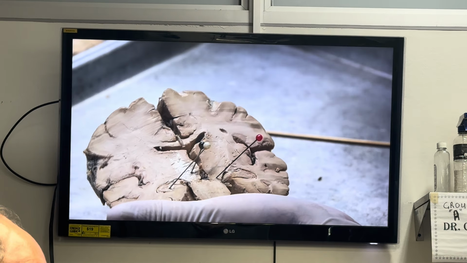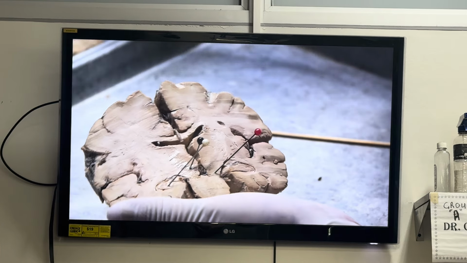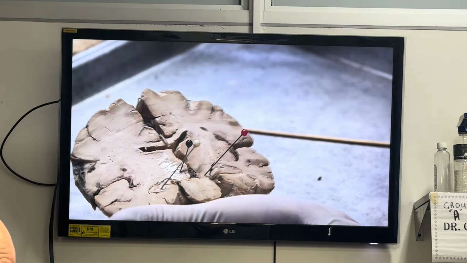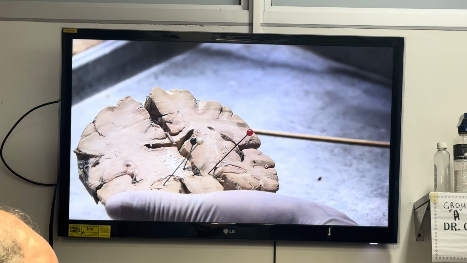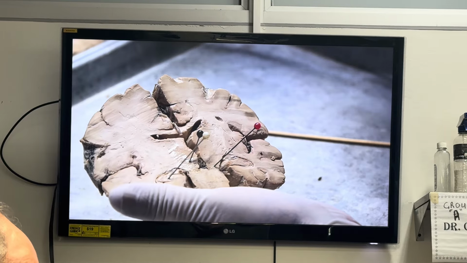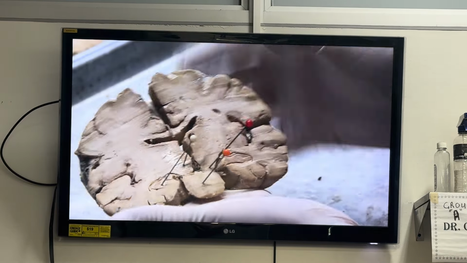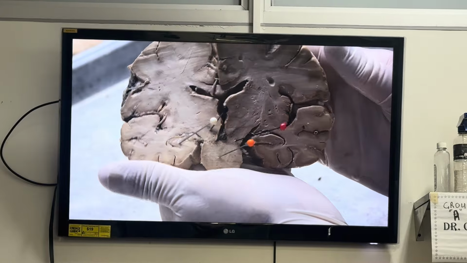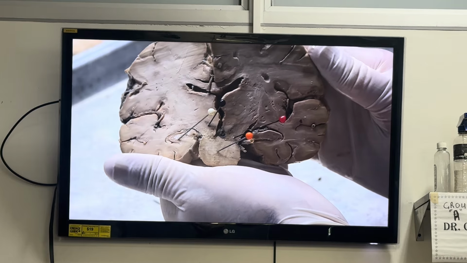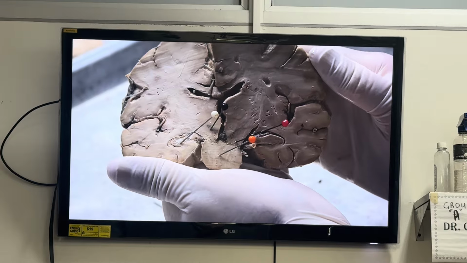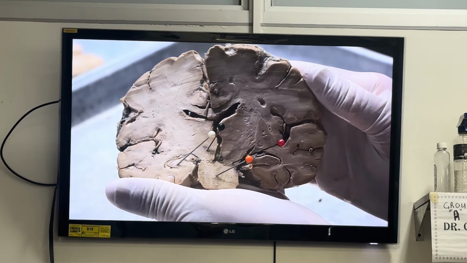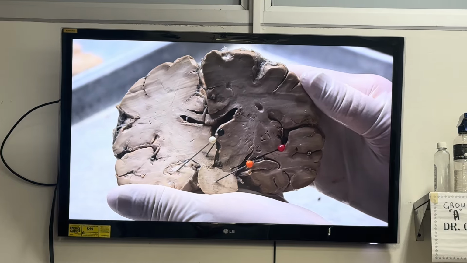And here you would arrive where? This one would be in the middle, the basis pontis. So what is that? Good question.